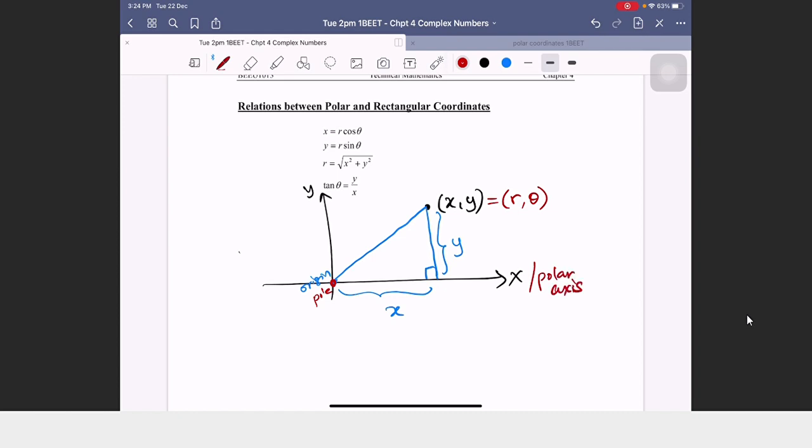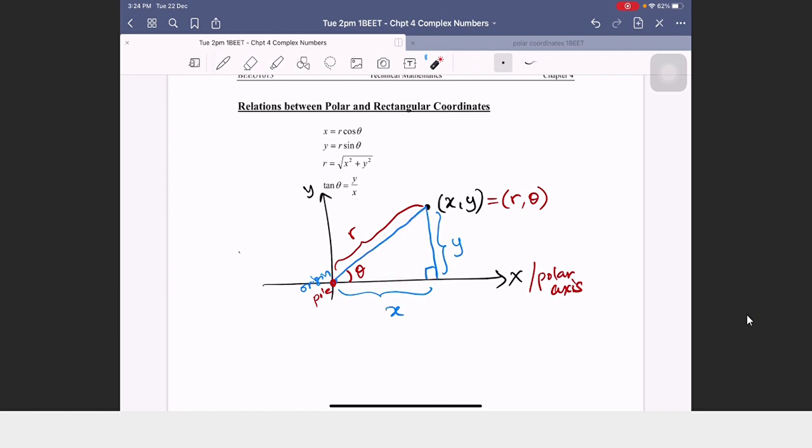So point x y is the same as point r theta. R is the distance from the pole to that point. Theta is the angle formed by the polar axis to this ray.